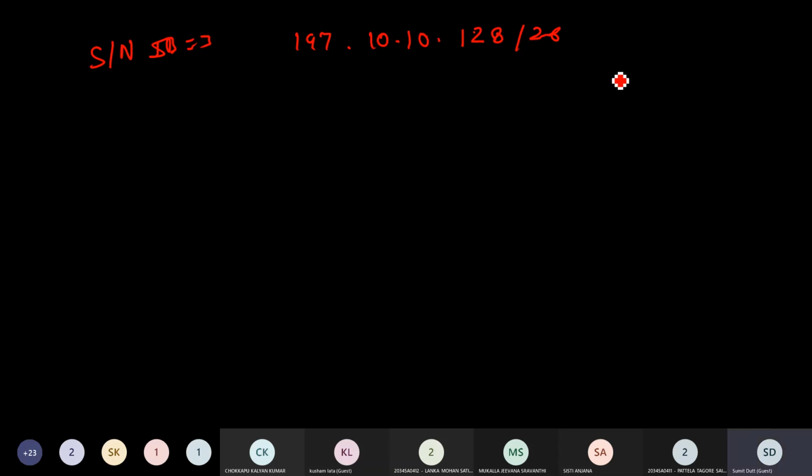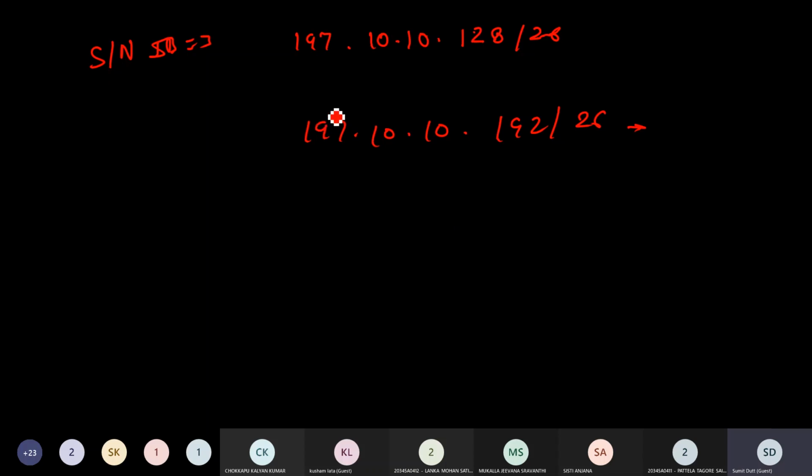And if I add 64, it will become, what is the fourth network? It will be 197.10.10.192. So this was our last subnet ID.